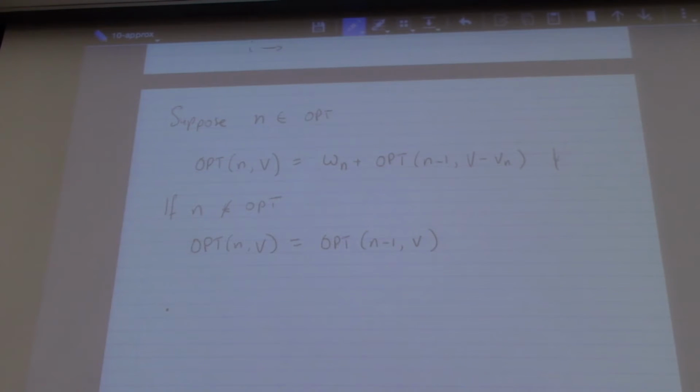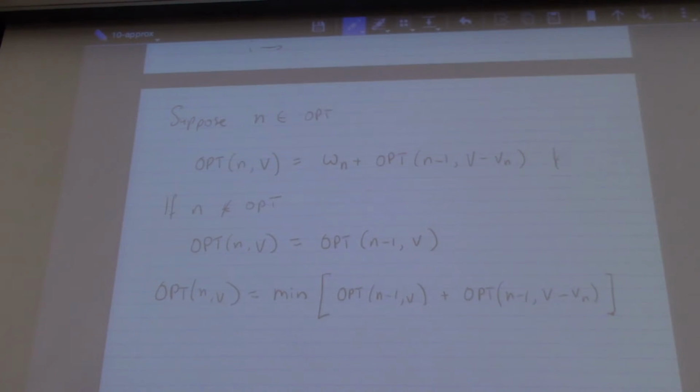And so basically, your dynamic program Opt(n, v) is equal to the max, or the min, because you're looking for the minimum weight, of Opt(n minus 1, v) plus... So very much like the previous dynamic program that we saw, which is in terms of values and not in terms of weights, and doing a min instead of max.